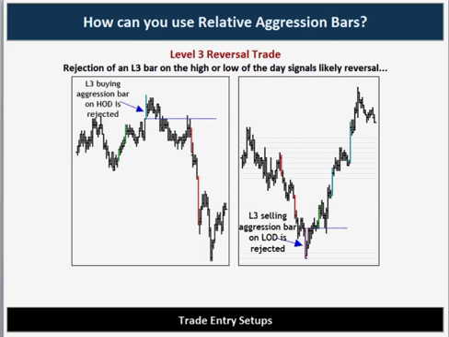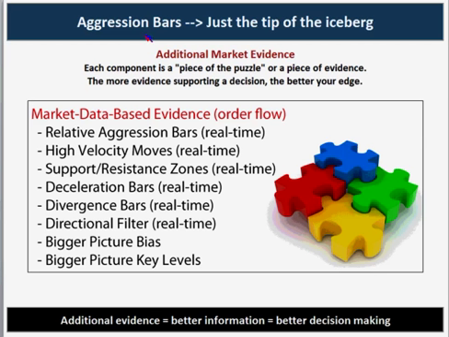Okay? So now we've so far talked about this idea of aggression bars. That is really just the tip of the iceberg. We also like to look at a lot of additional market evidence, and that's what the software shows. These aggression bars are the first building block, or the first puzzle piece. But in real time, we also look at relative aggression bars, like I talked about.